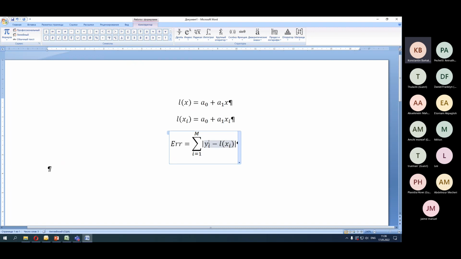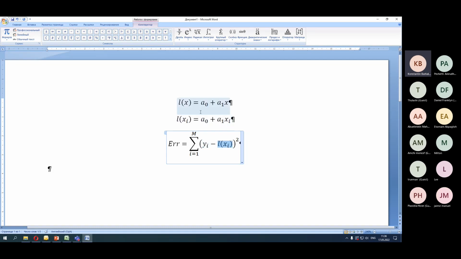Let's consider the sum of the squares of the difference at the point xi of the given function value and the value of the line that approximates this function.